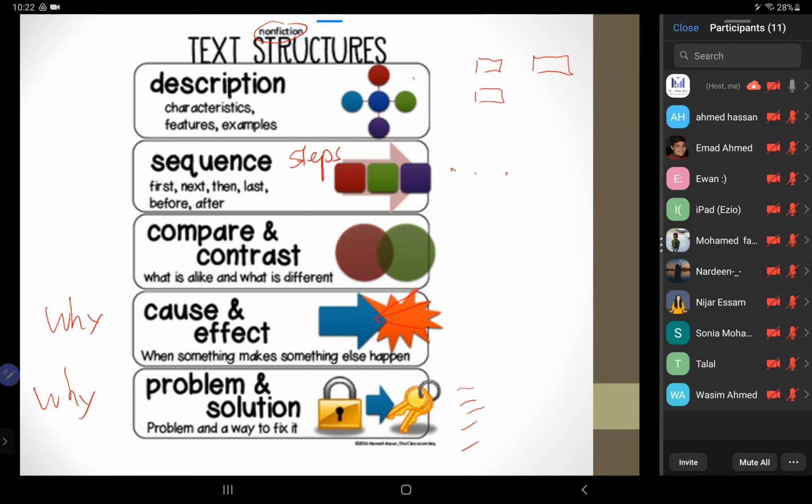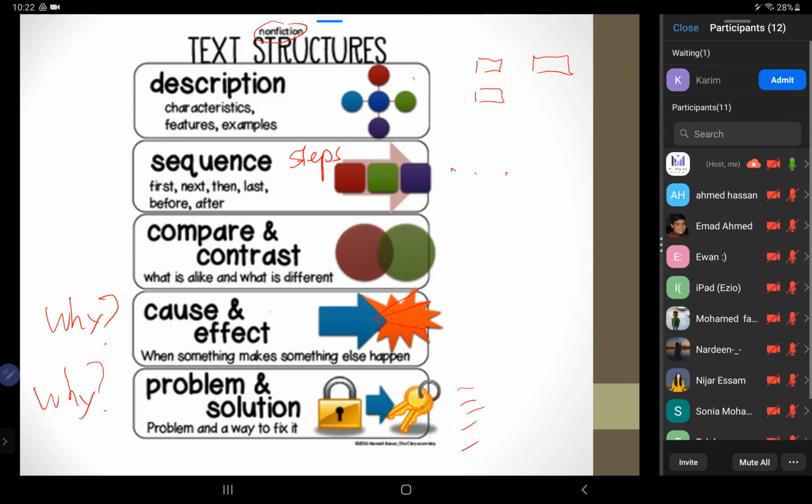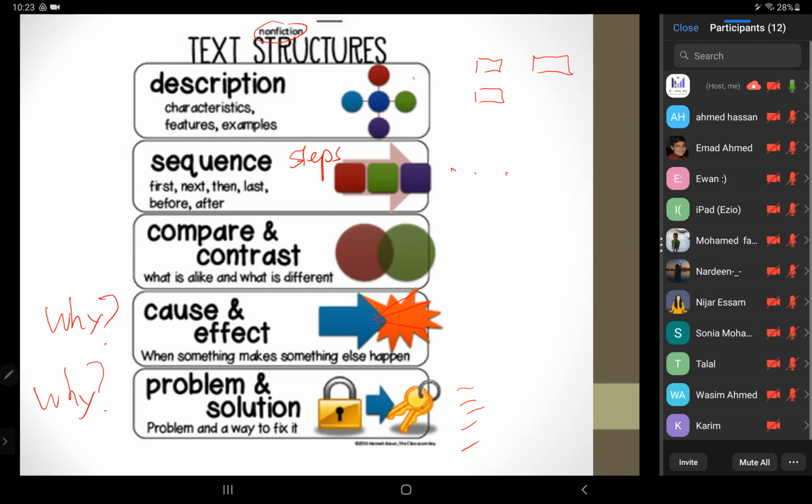But the difference between cause and effect and problem and solution: in cause and effect, let's say why students don't read, because they are more interested in games, they are more interested in social media. So he's giving us why, reasons, and can give us also because they don't read, actually they have poor grades, they are not educated enough, and they don't do well in their careers later on.